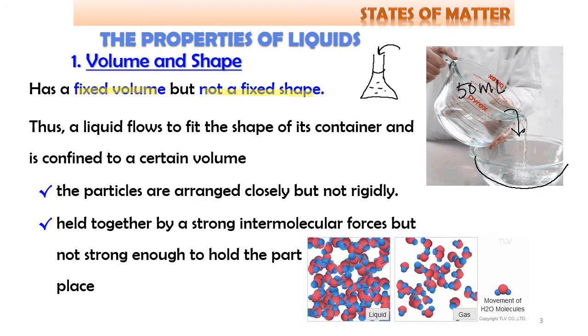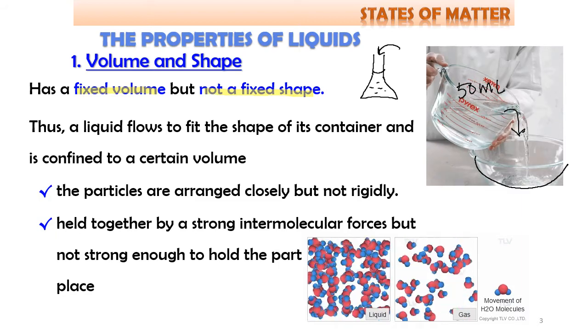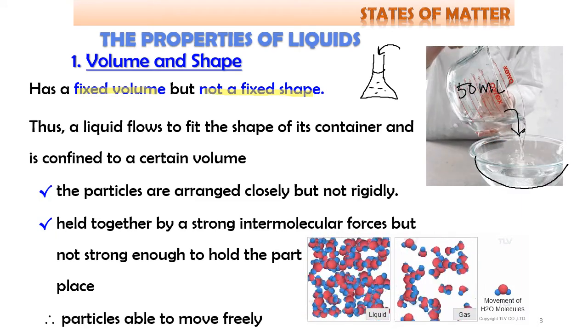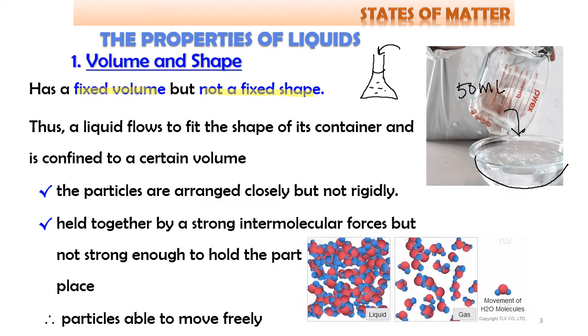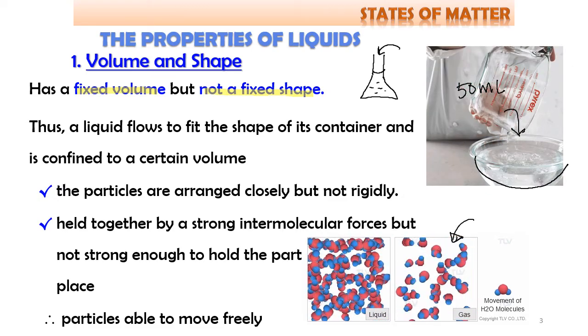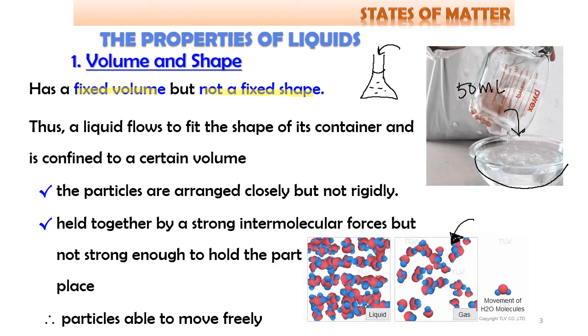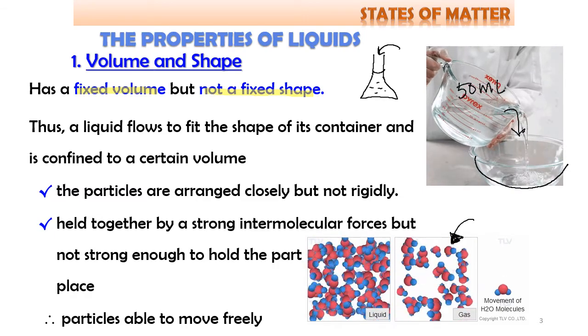So you can see particles or molecules in liquid, they can still move around freely, but if you compare to gas, particles in gases can move more freely compared to in liquid.